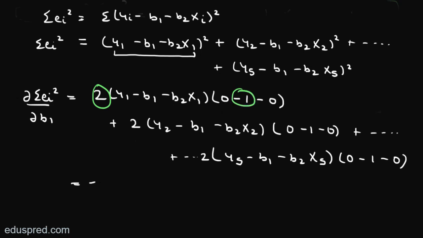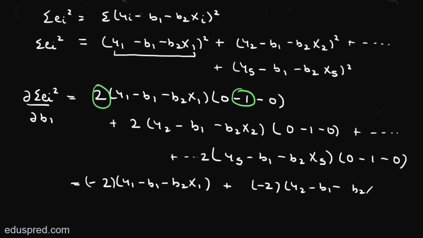So this is minus 2 multiplied by (y1 minus b1 minus b2 x1). Similarly, the second expression could be plus minus 2, let's put a bracket here as well, (y2 minus b1 minus b2 x2), and so on till the last term. So plus minus 2 (y5 minus b1 minus b2 x5).